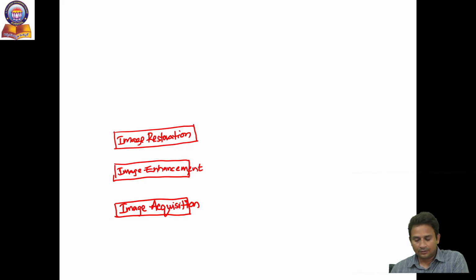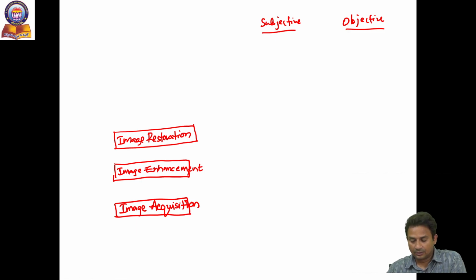Now I need to give the fundamental difference between a subjective process and an objective process. Let us take the image enhancement process, which is a subjective process. Enhancement is nothing but improving the appearance of the image. We use various types of image enhancement algorithms, methods or procedures to improve the appearance of the image.